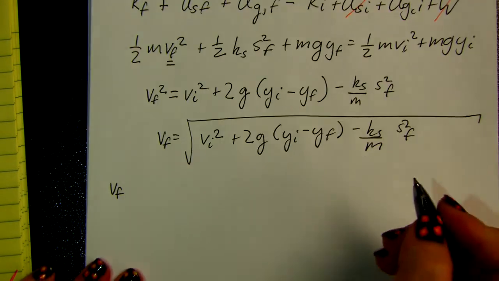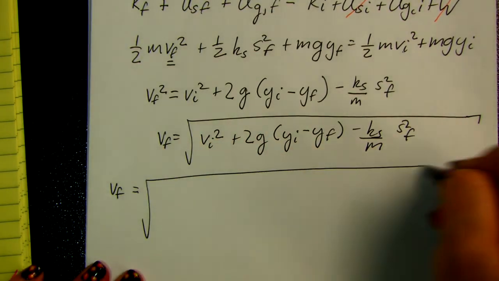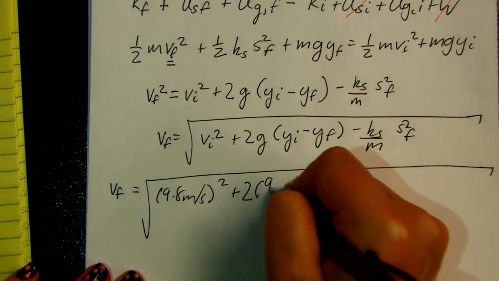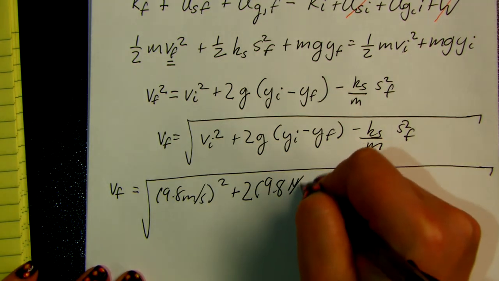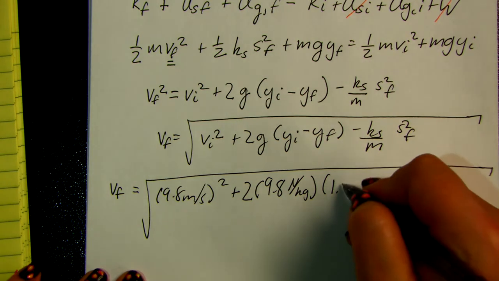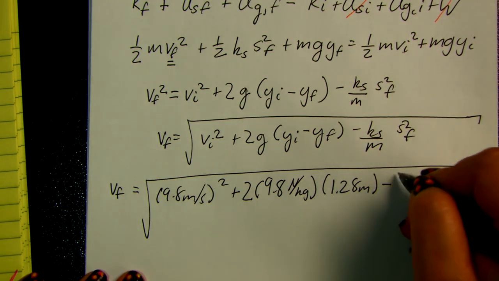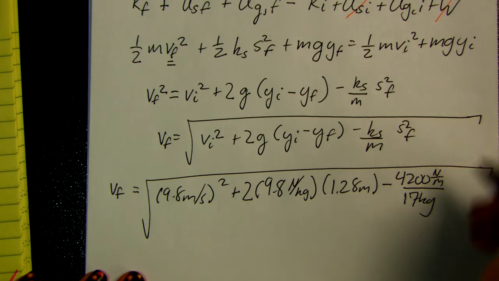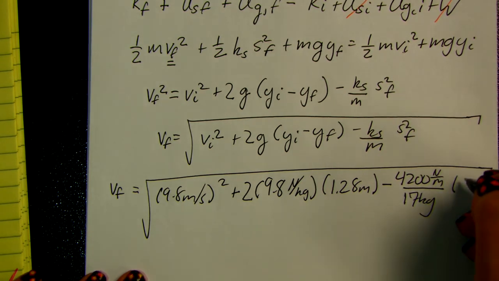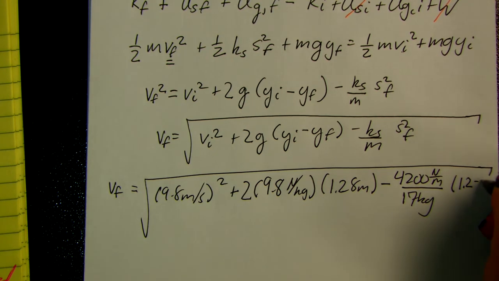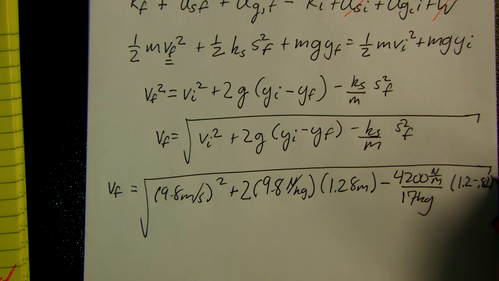V final is equal to the square root of 9.8 meters per second squared plus 2 times 9.8 newtons per kilogram times, that's the difference there, 1.28 meters, minus 4,200 newtons per meter divided by 17 kilograms times that stretch, which ends up being 1.2 minus 0.82 quantity squared.